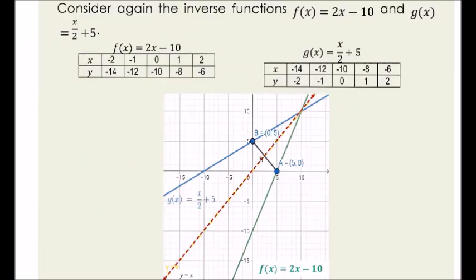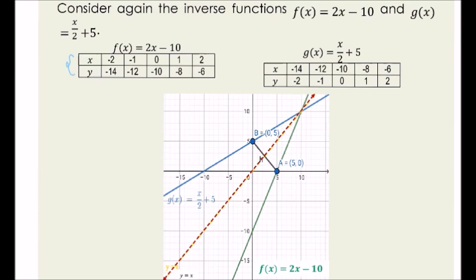This time, let's discuss the graph of a one-to-one function and its inverse. So let's take a look at the first example that we had a while ago. We have f of x is equal to 2x minus 10, and we have g of x is equal to x over 2 plus 5. Now, in the table of values of f of x, we have assigned the values of x as negative 2, negative 1, 0, 1, and 2.